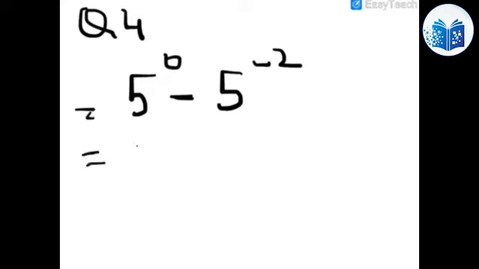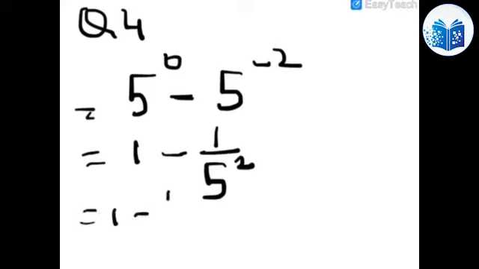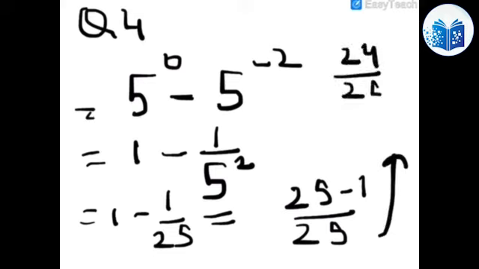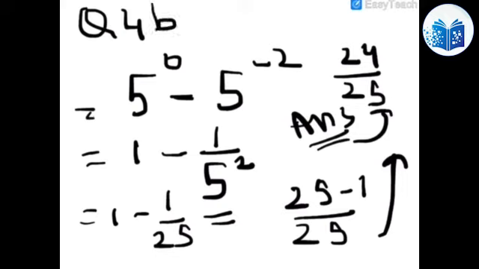So this will become 1 minus, in fact we'll just take it in the denominator, since the value is 5 square. This is 1 minus 1 over 25. We'll take the LCM. So 25 minus 1 over 25. This will become 24 over 25. Simple. That's the answer. Okay, this was question number 4B.